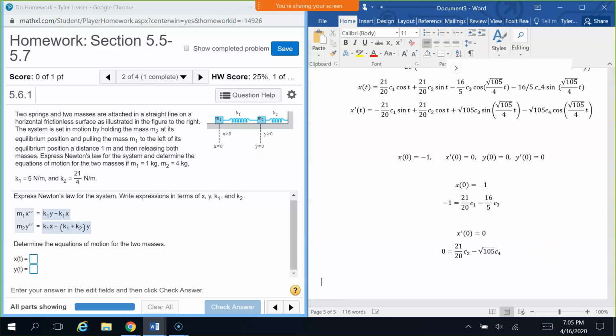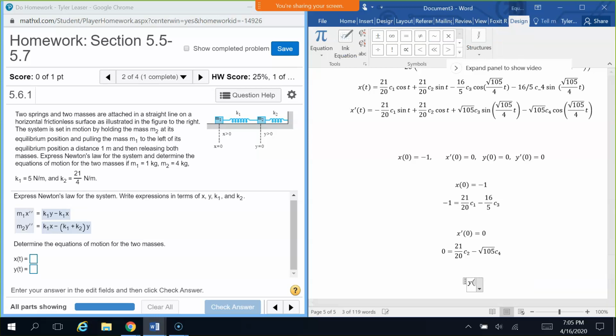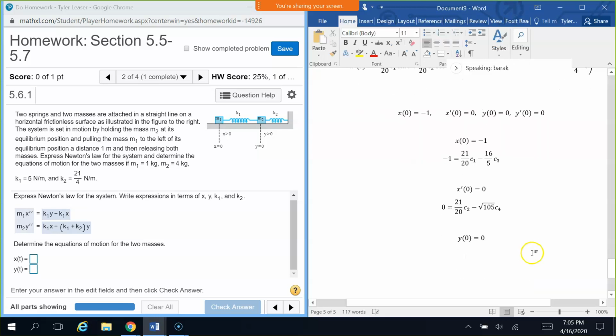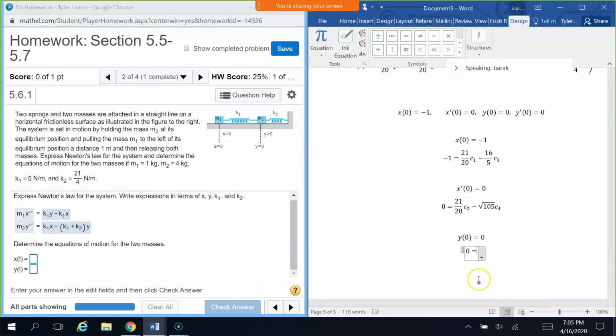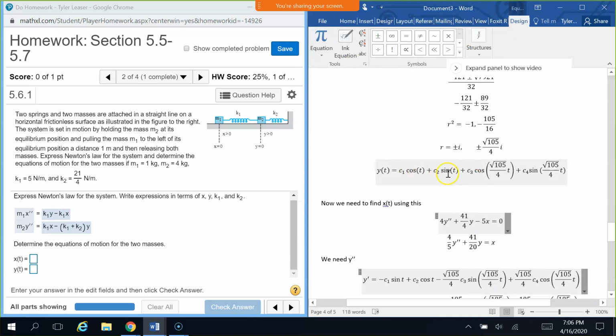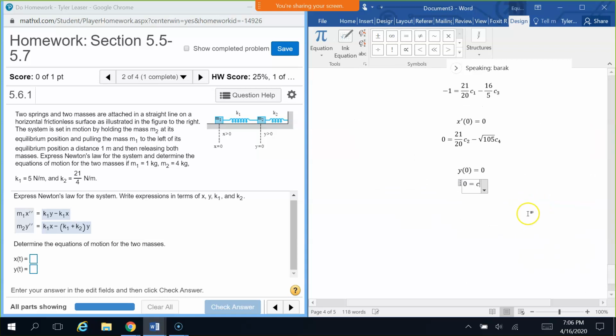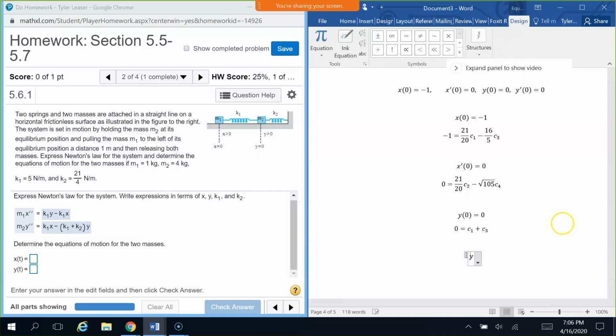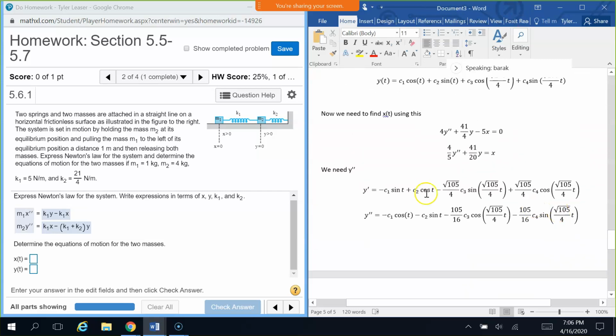All right, more. Now looking at the y's, when y of 0 is equal to 0, I'm going to have 0 on the left. I'm going to have to scroll up to figure out my y equation, which is way up here, to this one. If I plug 0 in for this one, I'm going to get a C1 plus C3. And then finally the last one, plugging 0 into the derivative of y, 0 on the left, and the derivative of y was here.